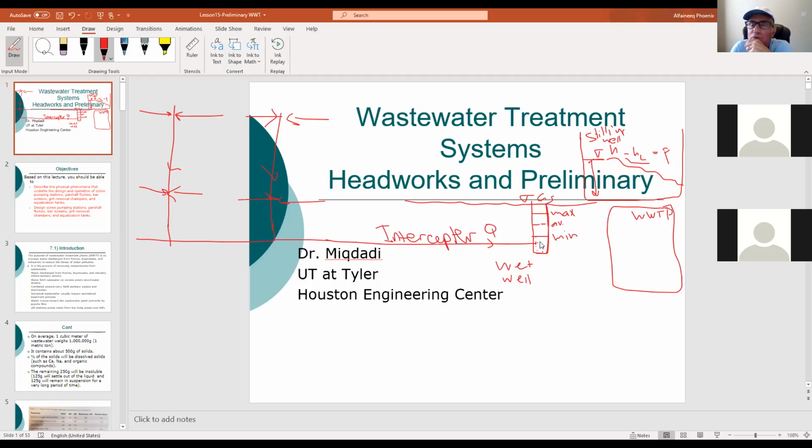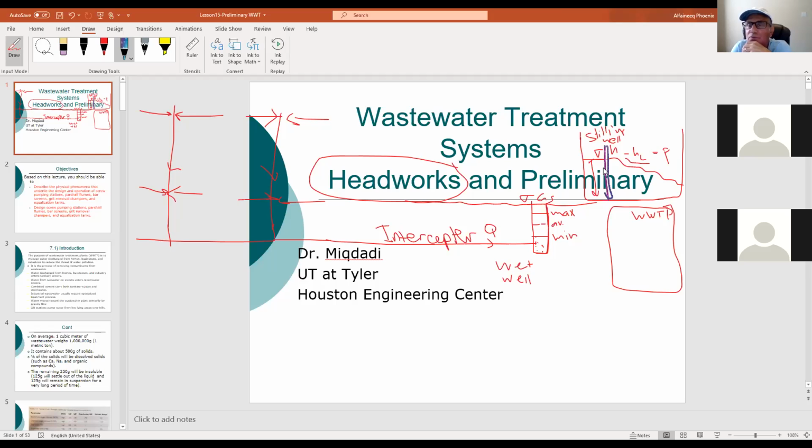Now, you need to pump from this wet well to that stilling well. This is the first thing to do. This is what we call the headworks. No treatment yet. So you pump it here. Now, before you take it anywhere, you need to install some bar screens. It depends where the water is going to flow from the stilling well.